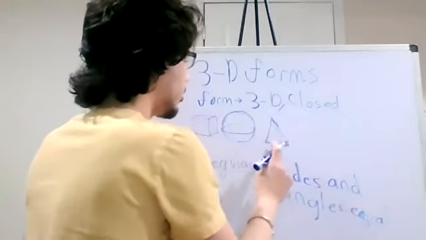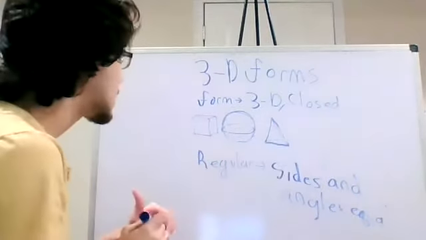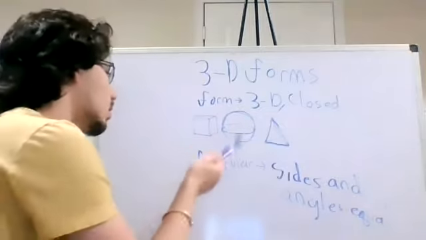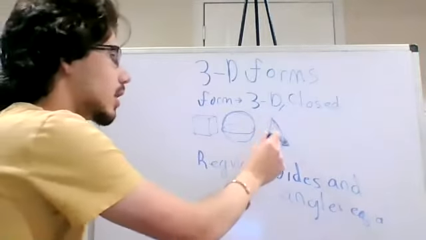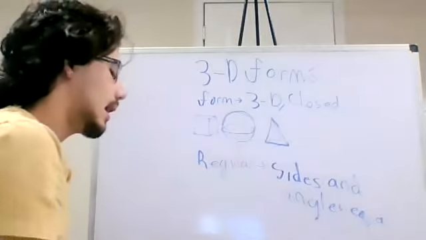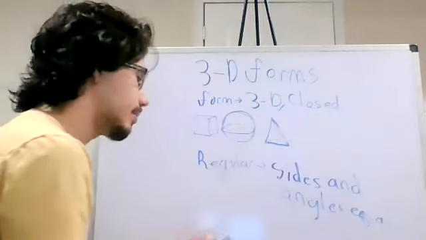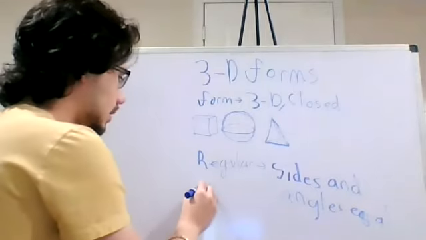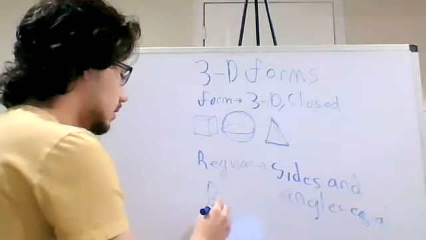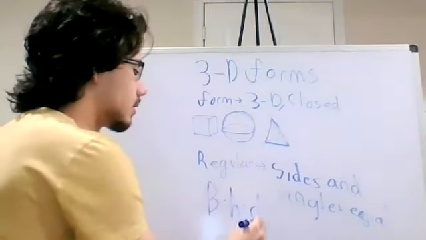Now, a cube, a sphere, and a triangular pyramid are simple because the components of a three-dimensional form, if you remember, are base, height, and depth.